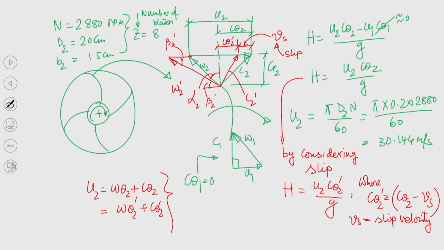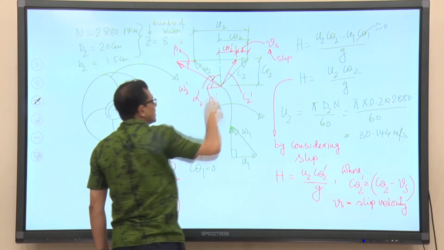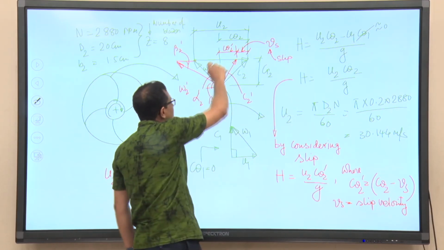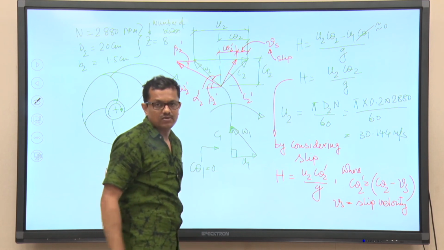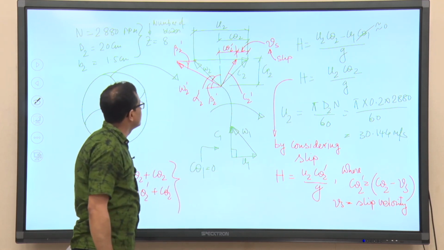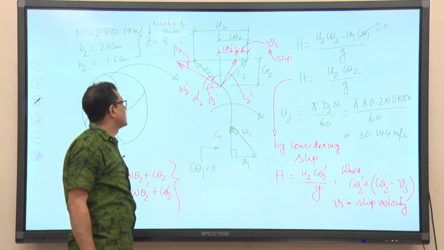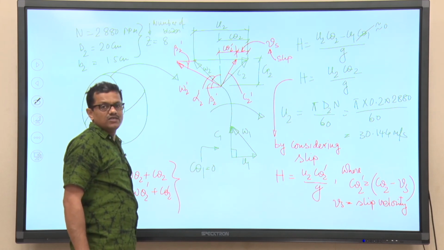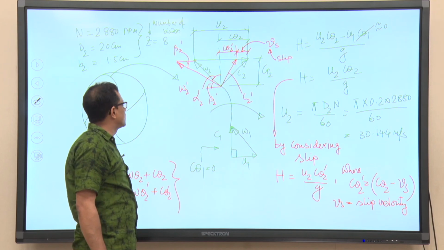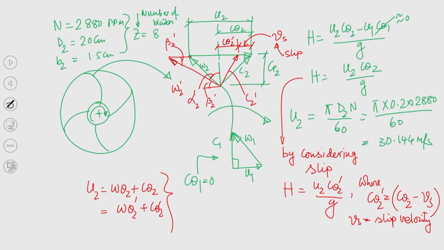So, W theta 2 by CR2 is equal to tan alpha 2, right. Then W theta 2 is equal to CR2 tan alpha 2. So, this is quite clear.